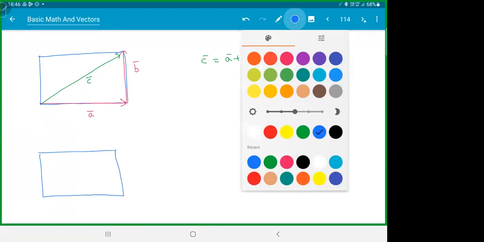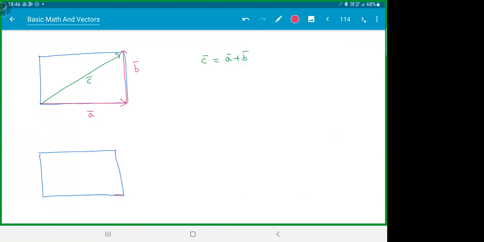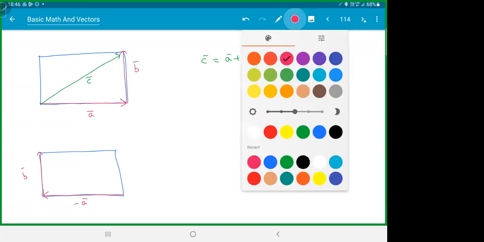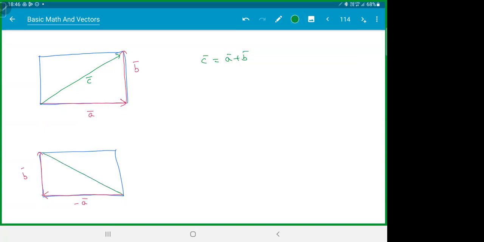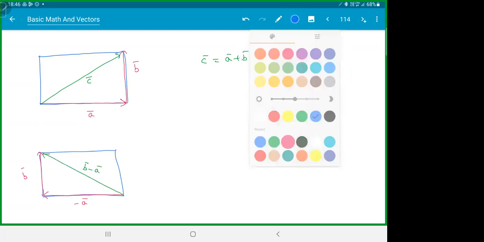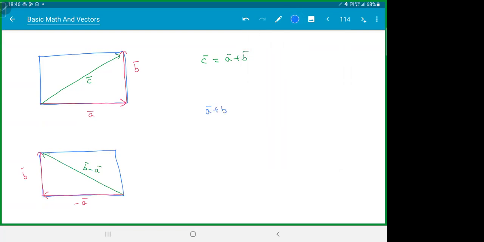Similarly, if that is A bar, this will be minus A bar, this will be B bar. Everyone agrees? If you just reverse the vector, it becomes minus A bar. That means this diagonal will be B bar minus A bar. So A bar plus B bar and B bar minus A bar are the two diagonals of a rectangle.